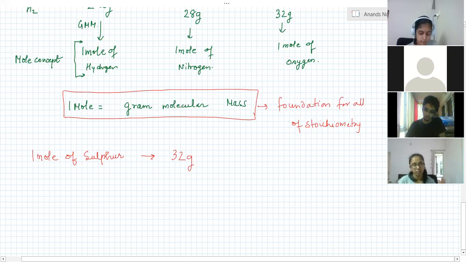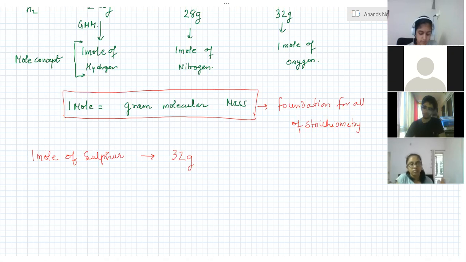For example, if you have a huge chemical factory and you're making steel, steel is made out of carbon and iron, but it's a huge process. You need some catalysts. You need to take carbon in the proper proportion, Fe2O3 in the proper proportion, and you want to get some steel.